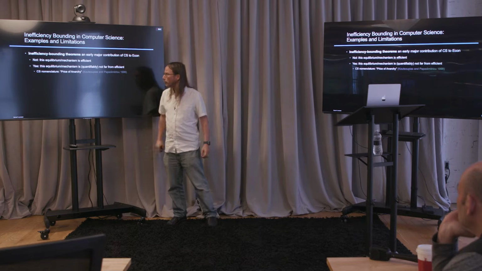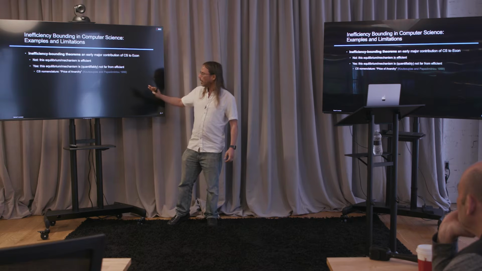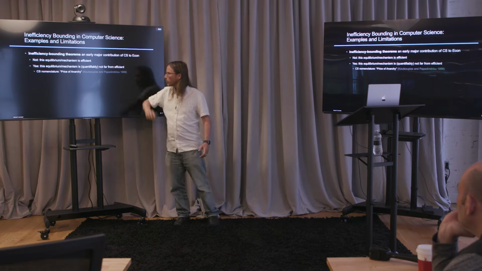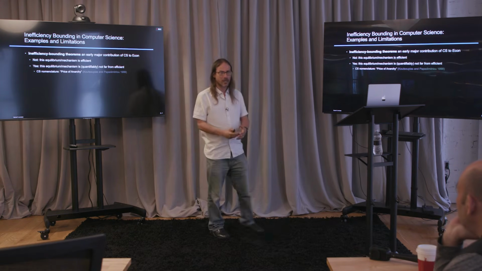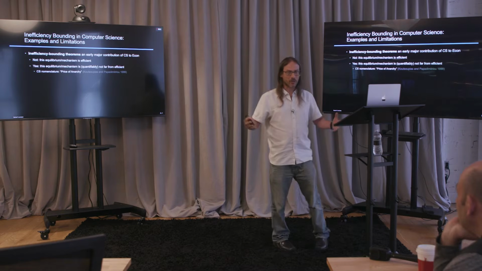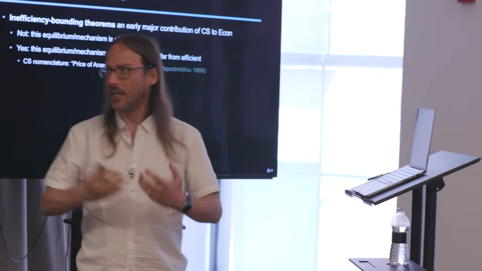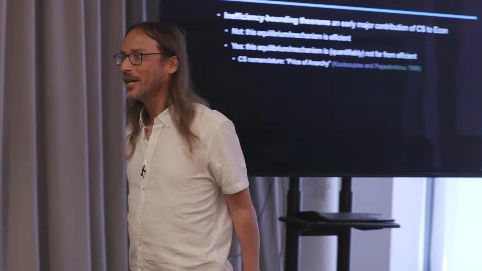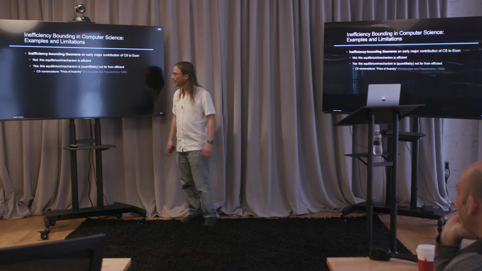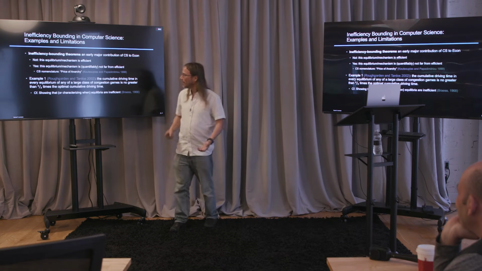Computer scientists call it the price of anarchy, because at some point they realized that the input to their algorithms might be affected by incentives, and they were like, oh, this is anarchy. You can like the name, you can not like the name, but that's the name.